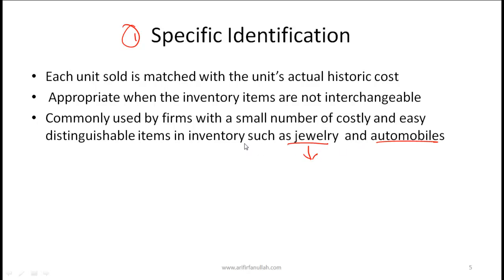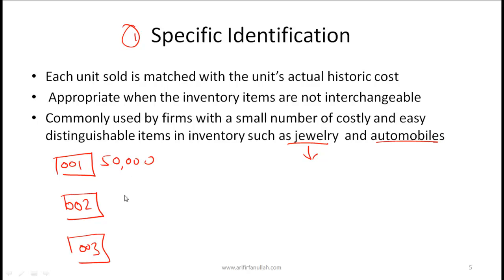So let's just take a jewelry example. Let's say that you are a very specialized high-end jewelry retailer. So now each inventory item of yours is probably worth thousands of dollars, and every item is clearly distinguishable. So you will have your item numbers like 001, 002, 003, etc. And each item will have a cost associated with it.